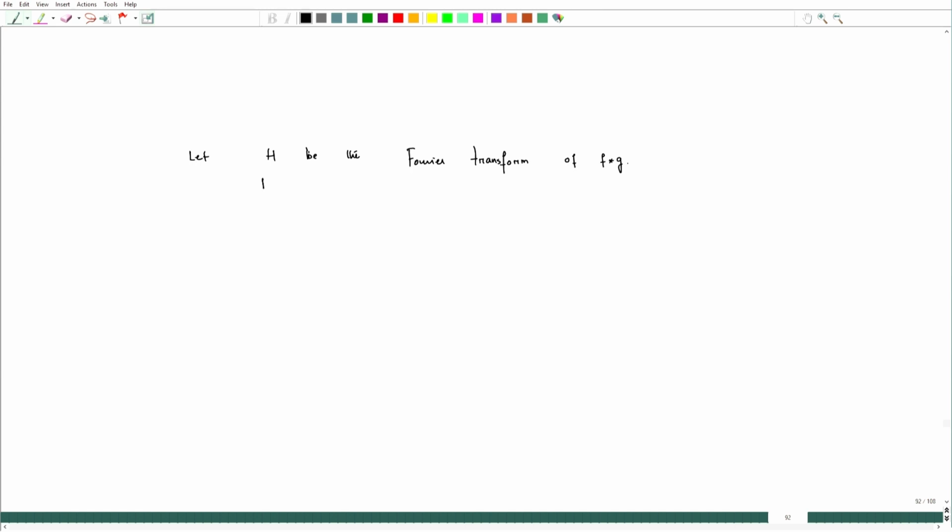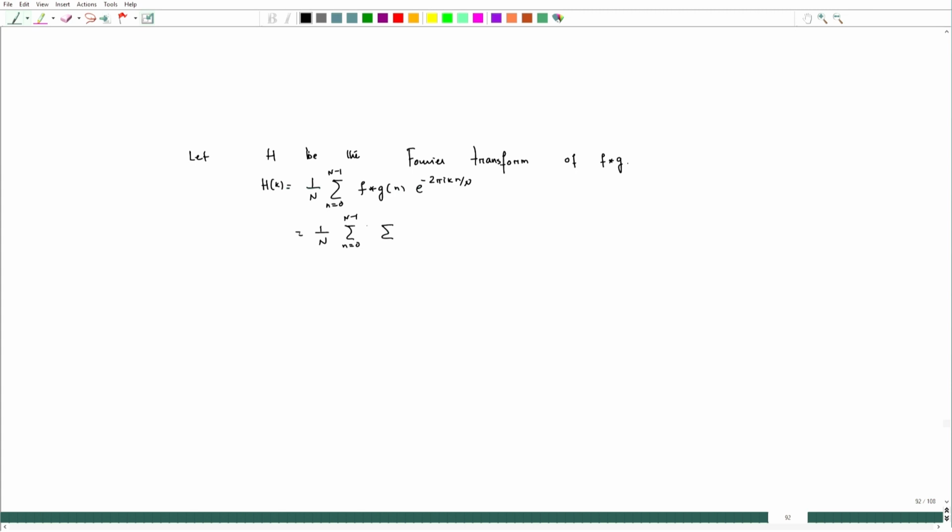So, let me write down this h(k). This is equal to 1 by N, summation over n equal to 0 to N minus 1, of (f convolution g)(n) e to the power minus 2 pi i k n by N. Now, I will open up f convolution g.